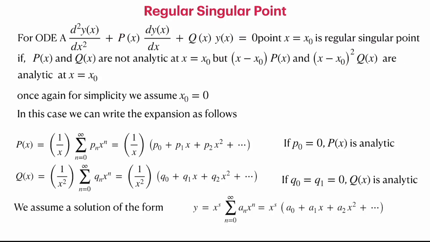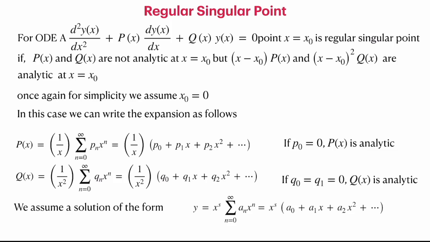We note that when s is greater than or equal to 0, the solution y of x itself is analytic at x is equal to x naught. But if the power s is negative, or less than 0, then we have poles at x is equal to 0. So when the power is negative, such a solution cannot be considered at x is equal to 0, but in some neighborhood away from x is equal to 0, we can use that.